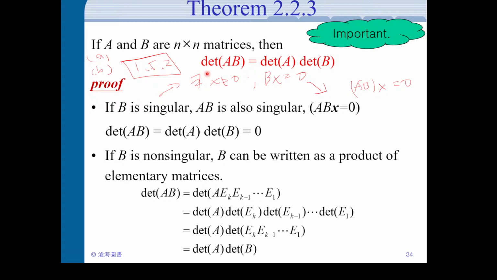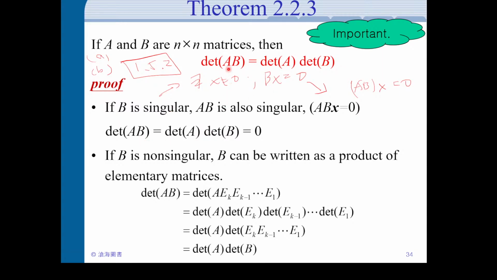So there exists non-zero x such that ABx equals 0, then you go from B to A of 1.5.2, then you see that AB is also singular. Okay, and yeah, so this is a lot of derivation to prove the edge case of this theorem.